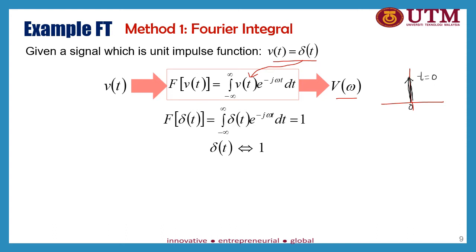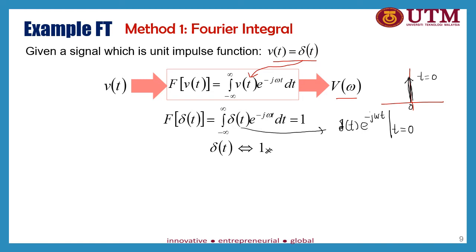So the signal only appears at t equal to 0, meaning that the integration is performed only at t equal to 0, e to the negative j omega t, when t is exactly 0. When you perform this integration, the output is 1.